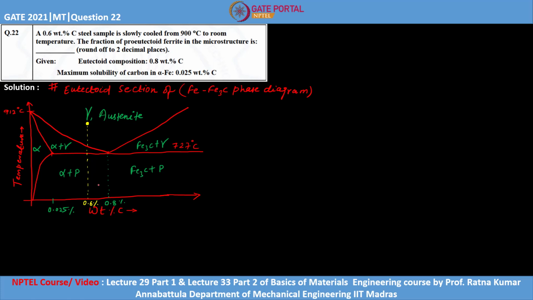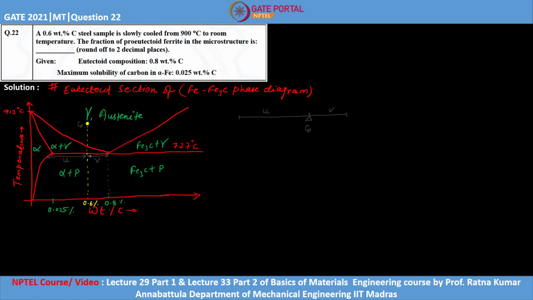So in order to calculate the fraction of pro-eutectoid ferrite, we need to use the lever rule by drawing a lever just below the eutectoid temperature.